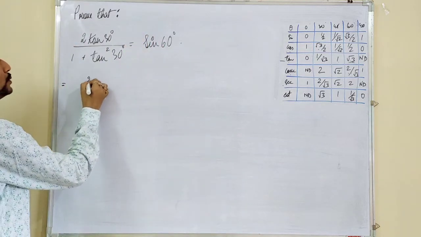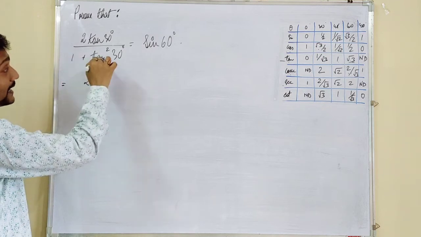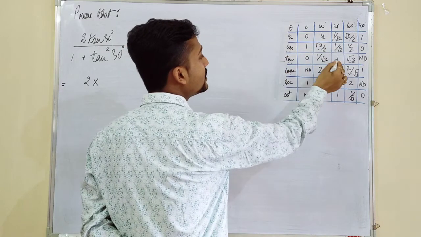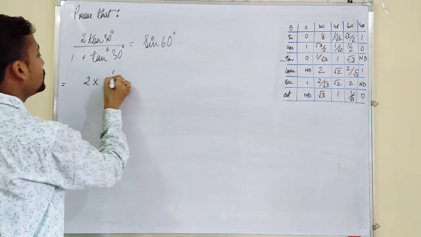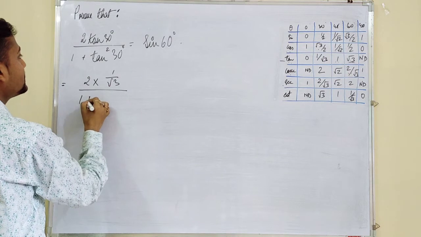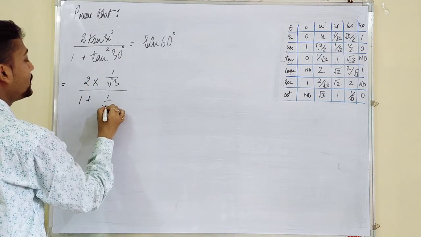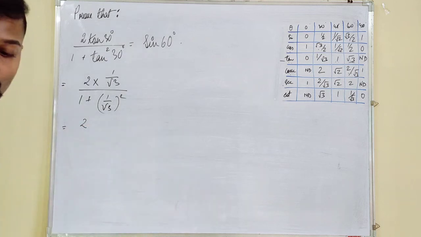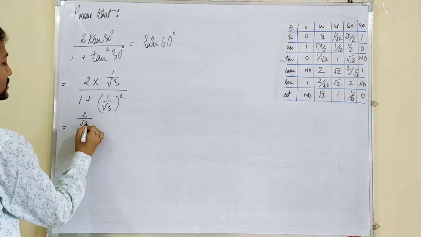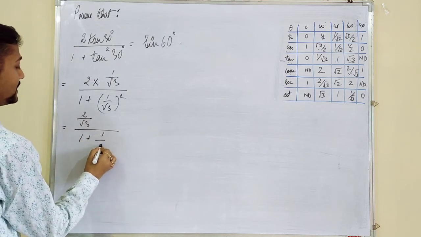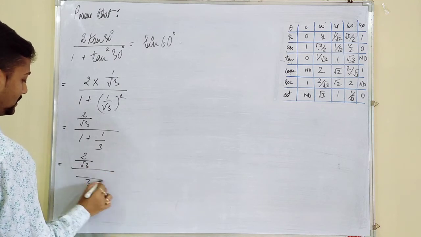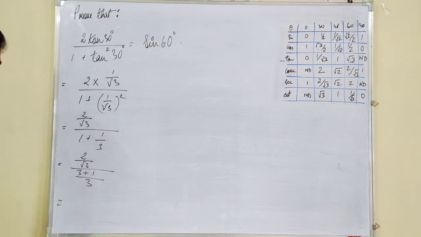2 tan 30 degree. Tan 30 is equal to how much? Tan 30 is equal to 1 by root 3. 1 plus tan square 30, that means 1 plus 1 by root 3 whole square. So it will be equal to 2 by root 3 by 1 plus 1 by 3, equal to 2 by root 3 by 3 plus 1 by 3.